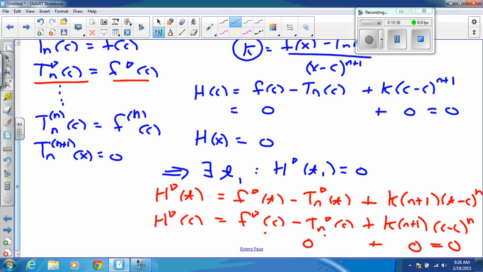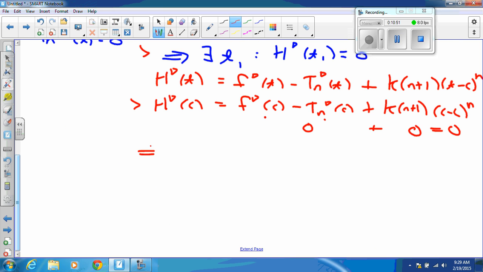In other words, we have two places, t1 and c, where h prime is equal to 0. Which means, using Rolle's theorem again, that there has to be a t2 somewhere between c and t1, such that h double prime of t2 is equal to 0.